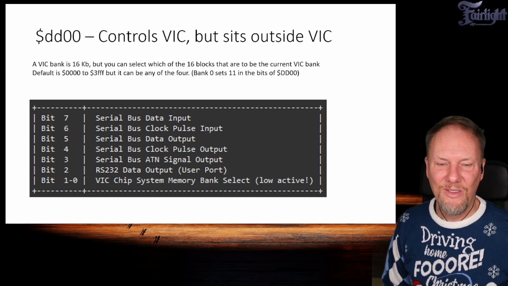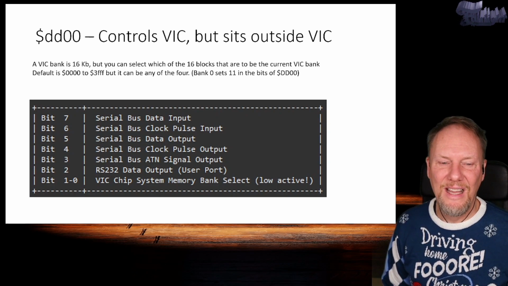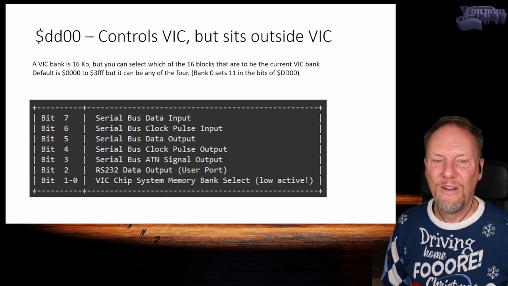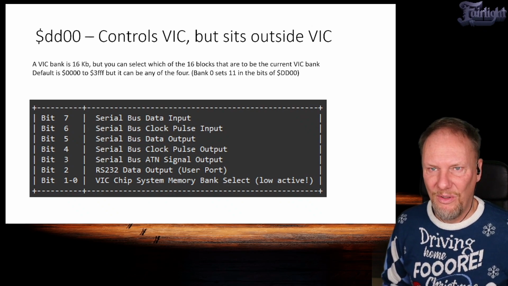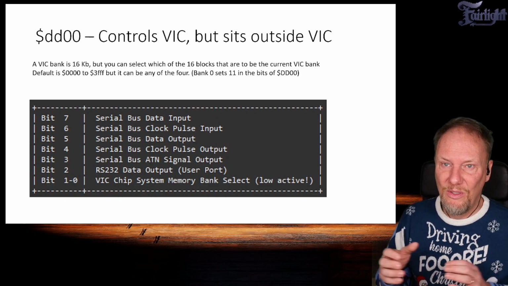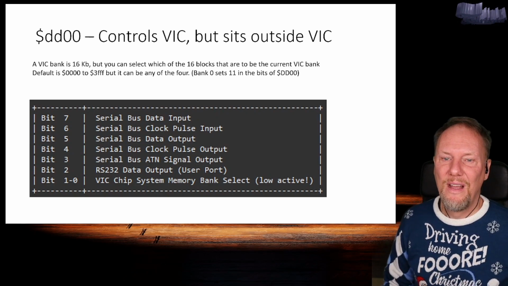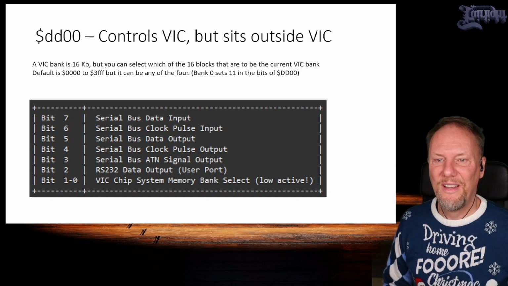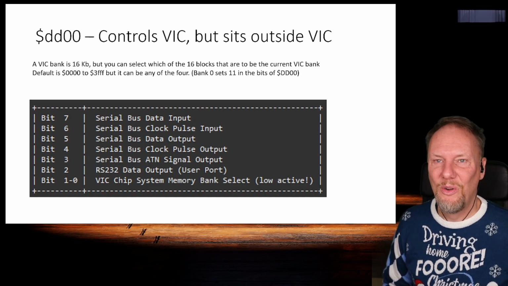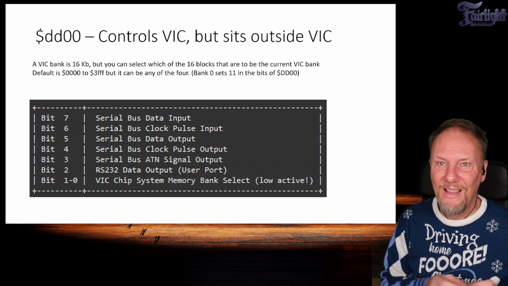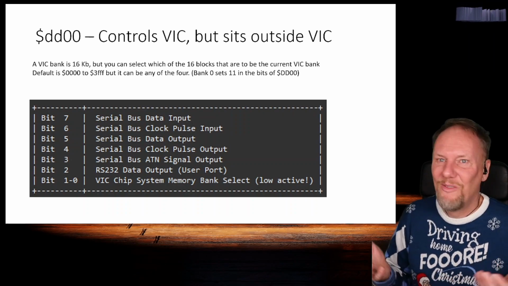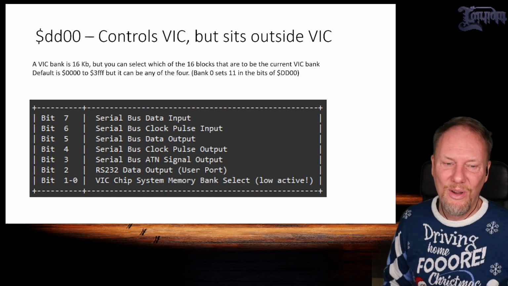So bit 0 and 1 sets the VIC bank here. The really awkward thing is that bank 0, the one from 0 to 3FFF, sets 1 in DD00. So for selecting bank 0, you actually set the value to 3, which doesn't make sense, but that's how it works.